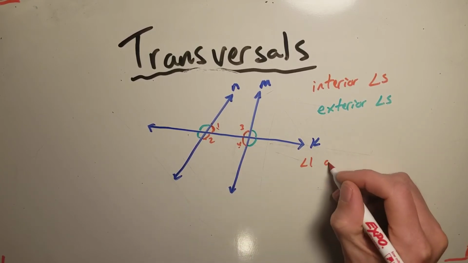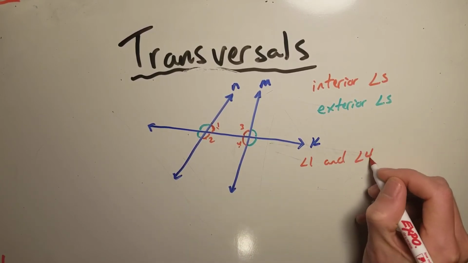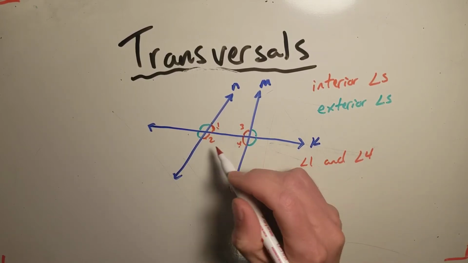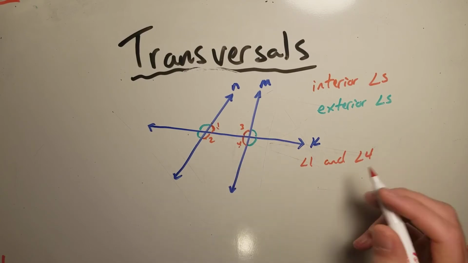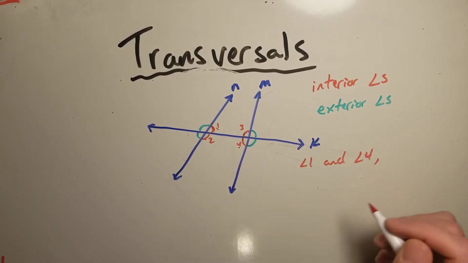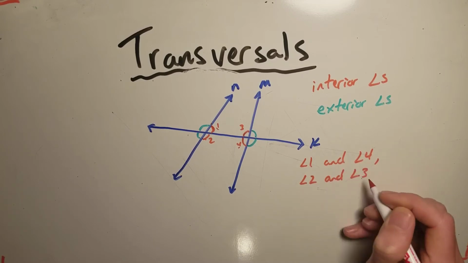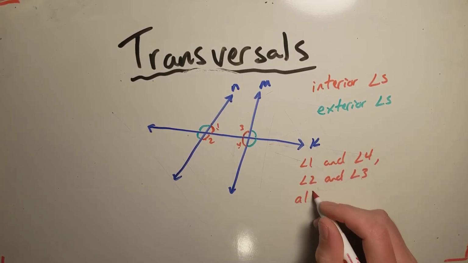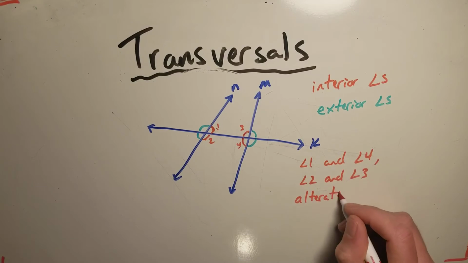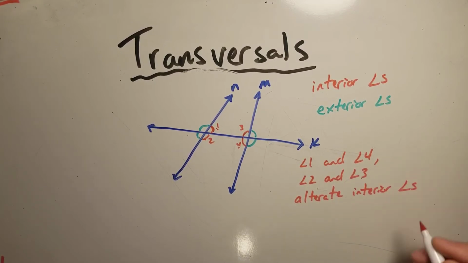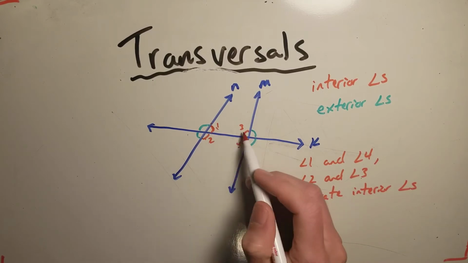So angle 1 and angle 4, we call them alternate interior angles. They're on opposite sides, but 2 and 3 are also another pair. So angle 1 and angle 4, and also the pair of angle 2 and angle 3, these are called alternate interior angles. So 1 and 4 and 2 and 3.